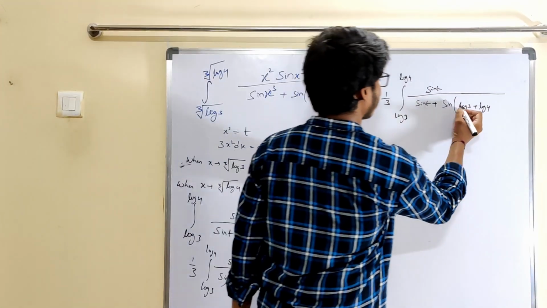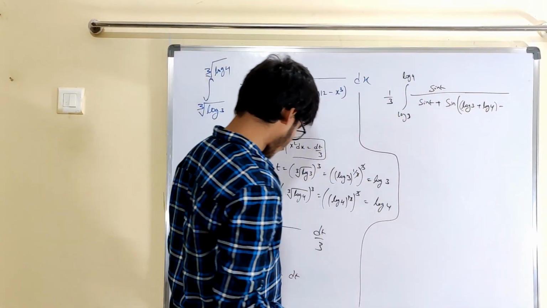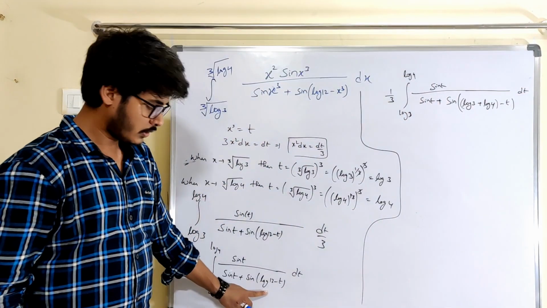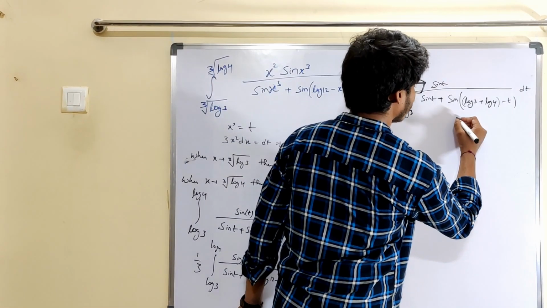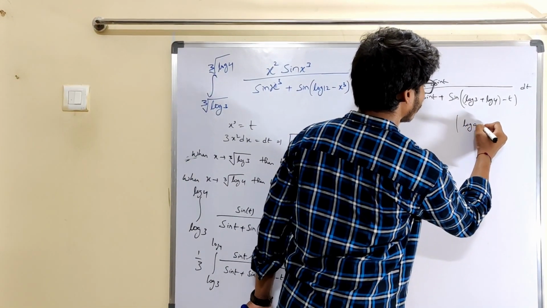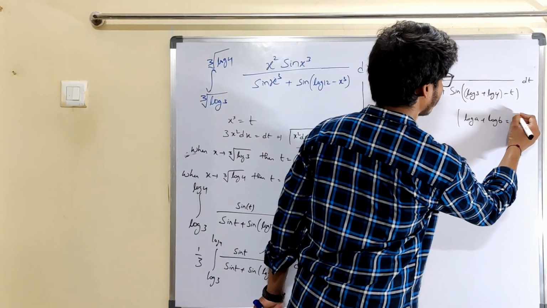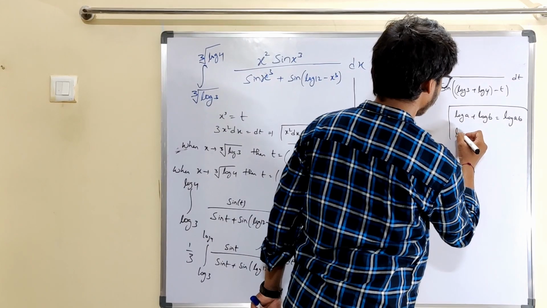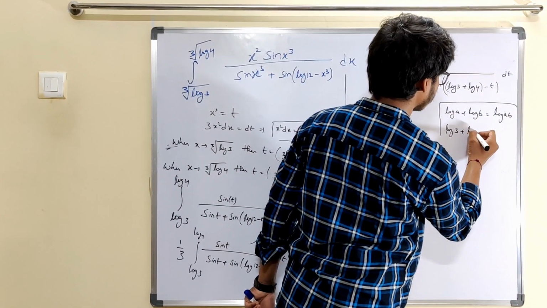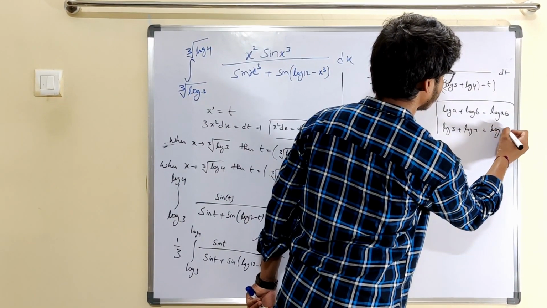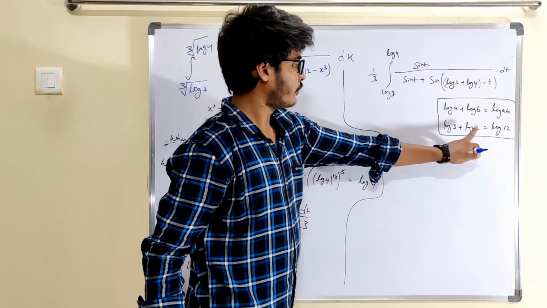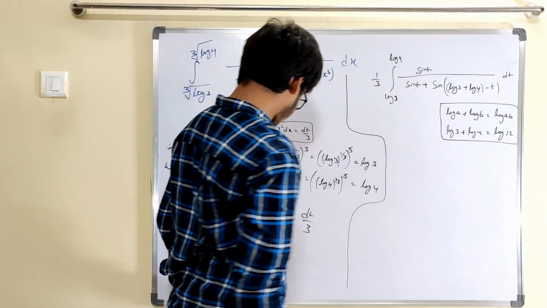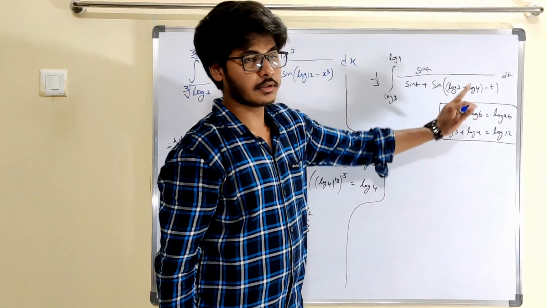You can write it like this, log 12 minus t dt. Since we know log a plus log b is equal to log ab, here log 3 plus log 4 is equal to log of 4 into 3, which is 12. So we write log 12 as log 3 plus log 4.